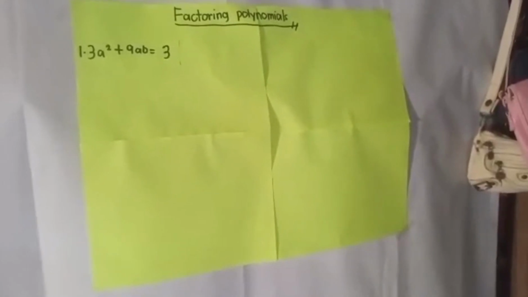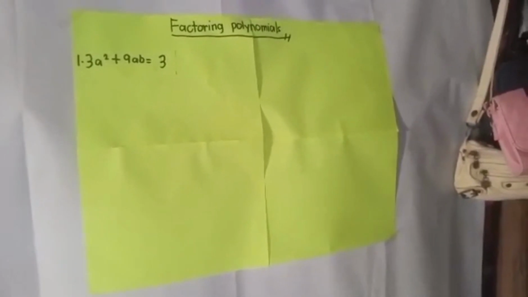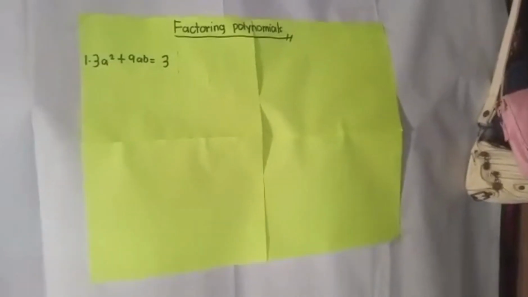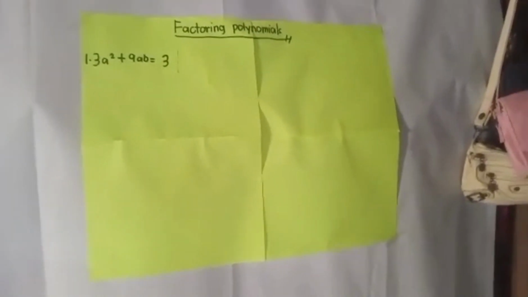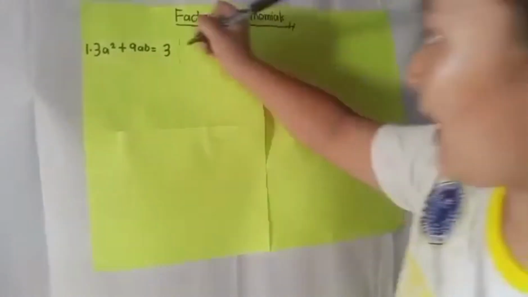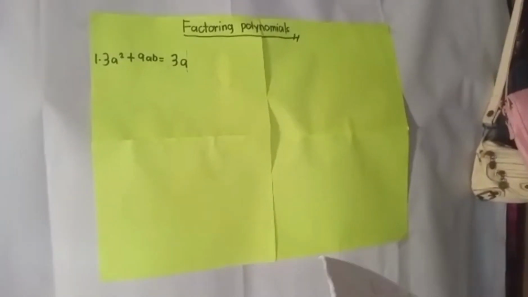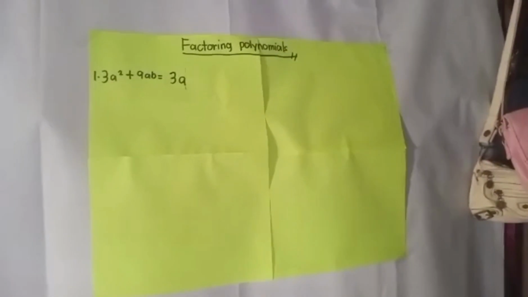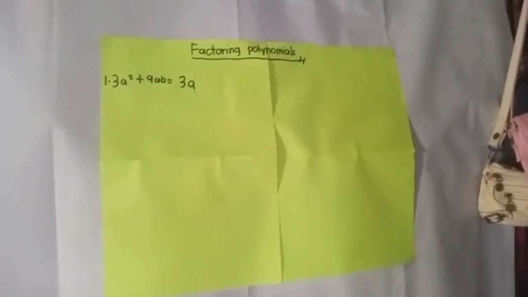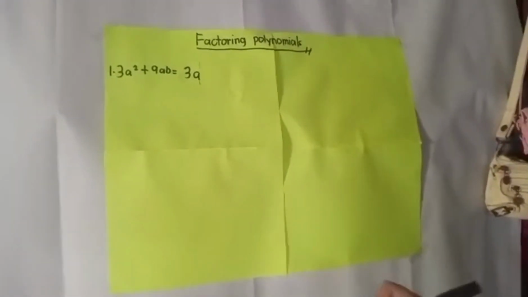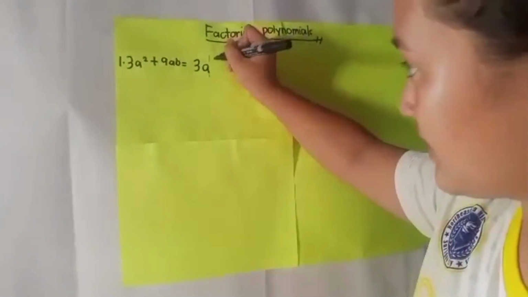And then, sa letters, anong common sa dalawang terms natin? That's letter A. So, ito yung common monomial natin. Ilalabas natin siya sa labas ng parenthesis.